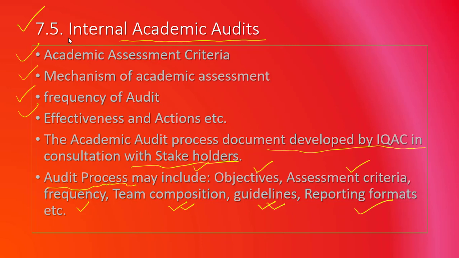There should also be a fixed reporting format to be forwarded to the respective department for implementation of the action plans, etc. So this is subjective. The visiting team will award the marks based on the availability of the documents and supporting evidence.